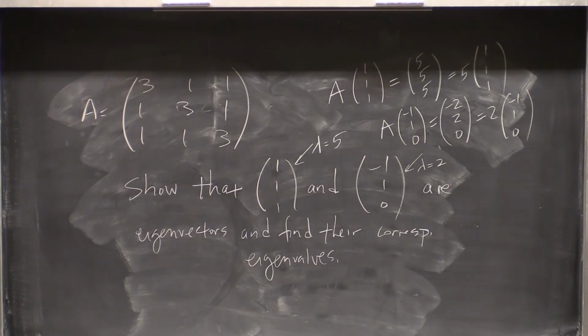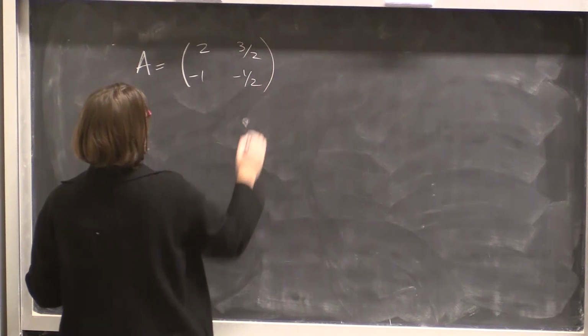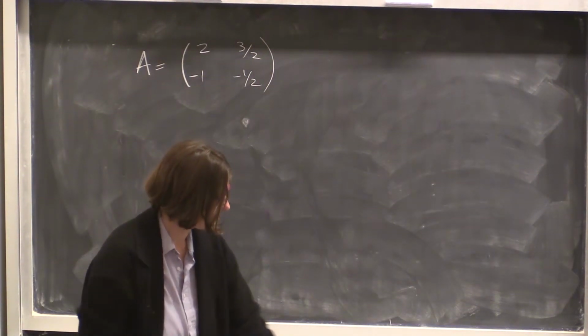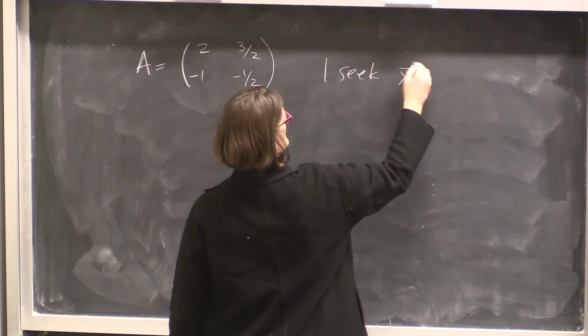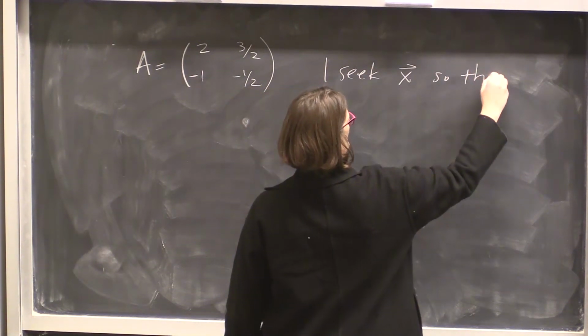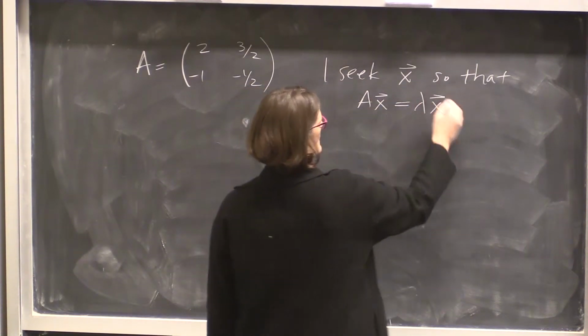Now, let's go back. So how could we find these magical creatures? How do we find eigenvalues and eigenvectors? So let's start with the one I began with: 2, 3 halves, minus 1, minus 1 half. I seek x so that Ax equals lambda x.